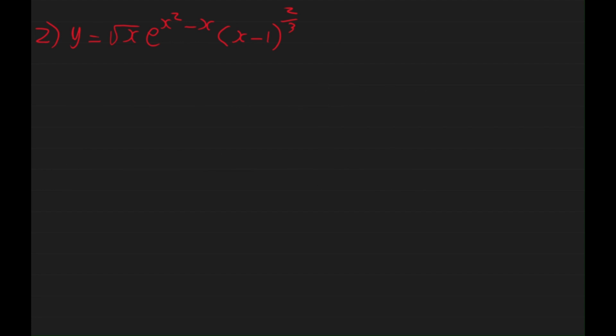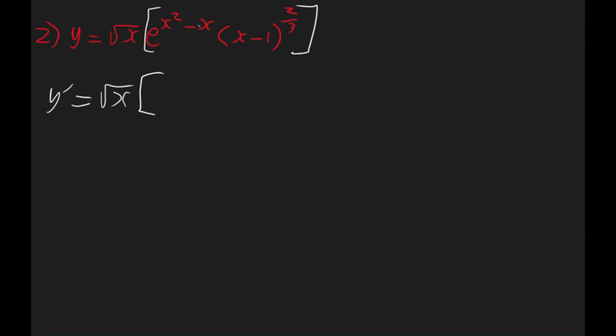Okay, the other way for solving this is the product rule. We have y dash equal to, we have here three functions, so we are going to take the root x as a function, and all of this as a function. So we are going to write first, root x multiplied by the derivative of the second.